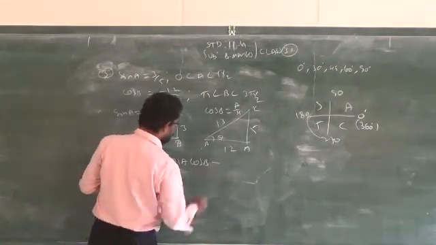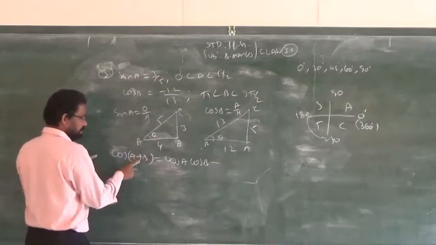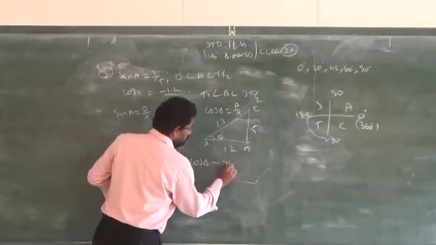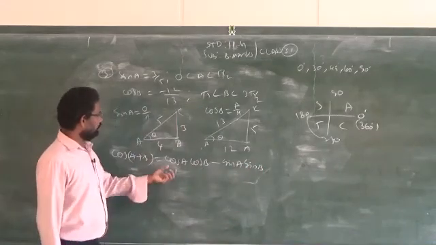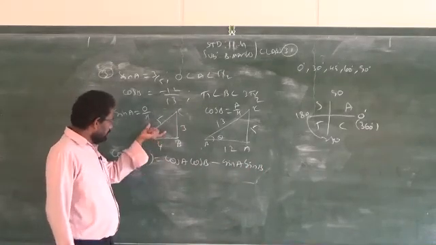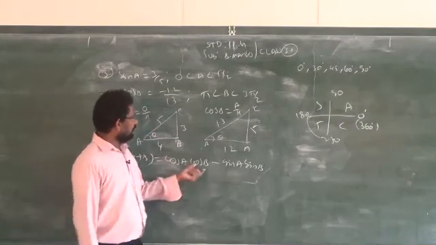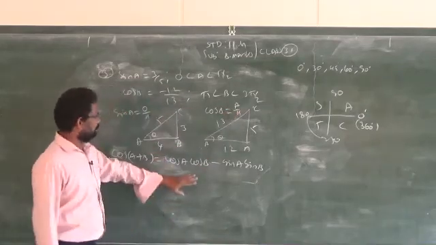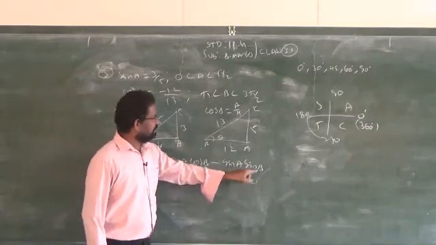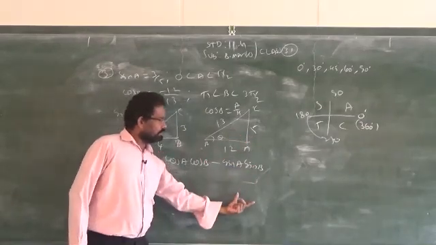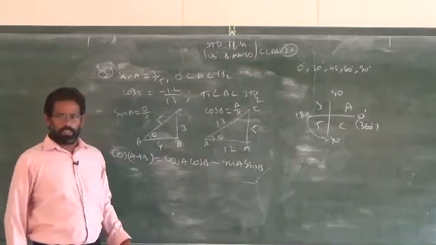Here it is given plus, so minus sin A sin B. Find cos A from the first diagram and write down the answer. Cos B is already given as minus 12 by 13, and sin A is already given in the question. Find sin B from the next diagram, substitute and simplify, and you will get the answer.